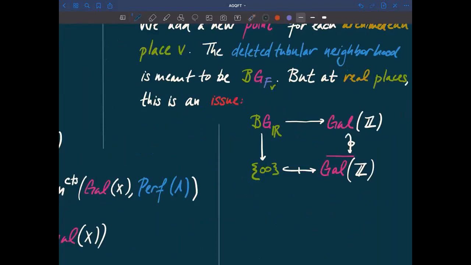So this, by the way, is the classical story. It's a reinterpretation of the classical way in which the Artin-Verdier topos is constructed. But it produces quite strange answers. So for example, if I look at this situation, I've got the classifying space of the absolute Galois group of R, which is RP infinity.